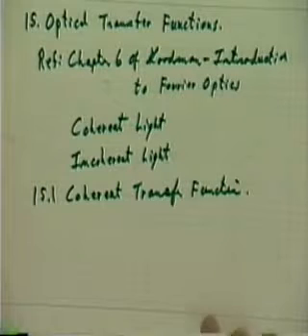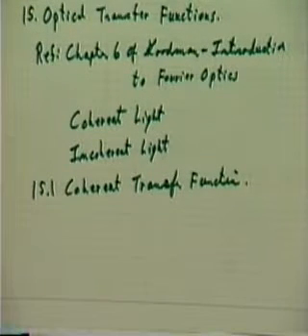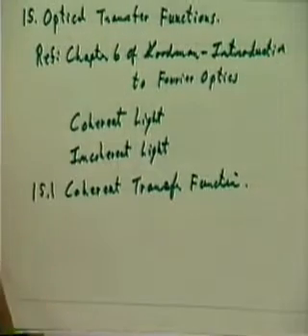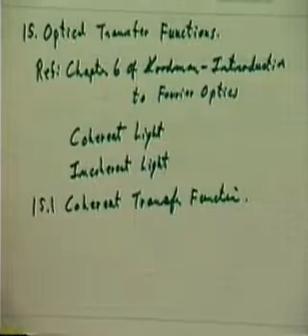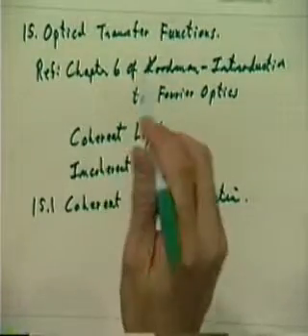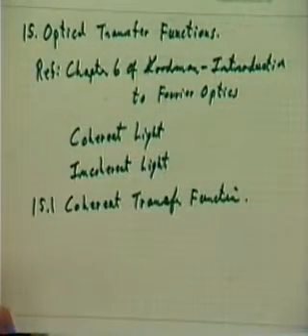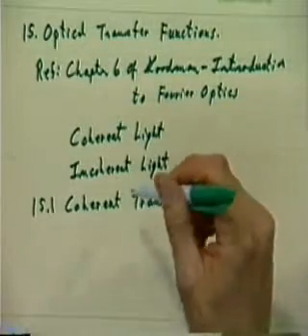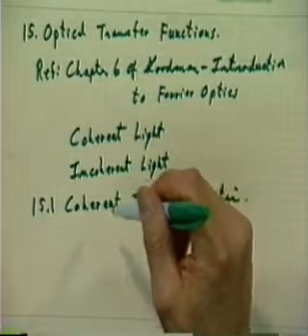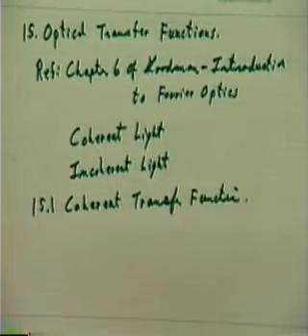Now, when we have an imaging system, often there's some magnification between object and image, and that might make the algebra here a little bit more complicated, worrying about the magnification. And also, with an imaging system, the image is often inverted from the object.